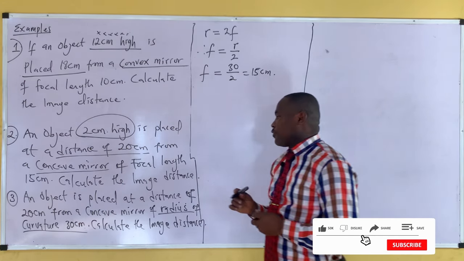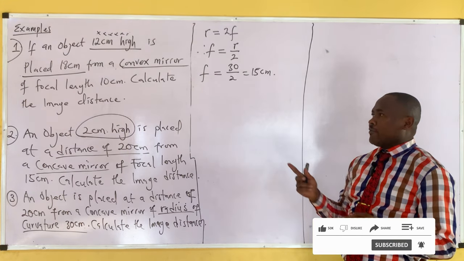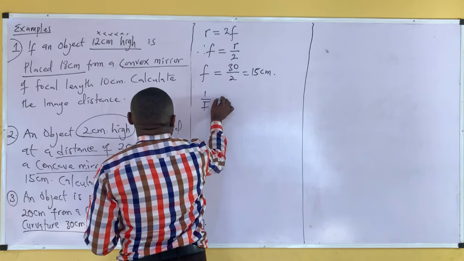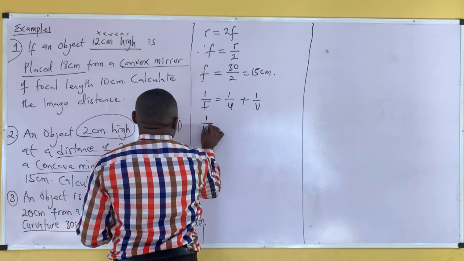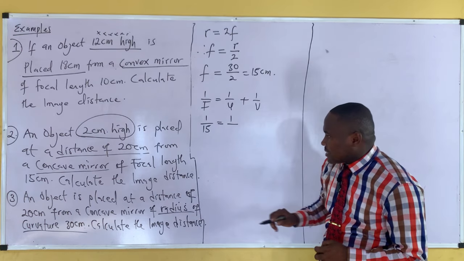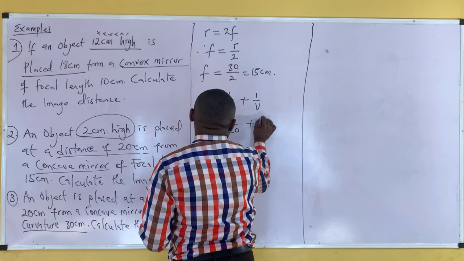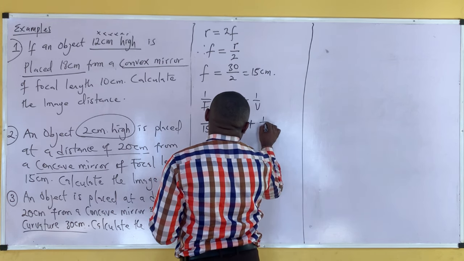I have solved for my focal length from my radius of curvature. So I can now apply 1 over f is equal to 1 over u plus 1 over v. 1 over 15 is equal to 1 over my object distance, 20 centimeters, so 1 over 20 plus 1 over v.